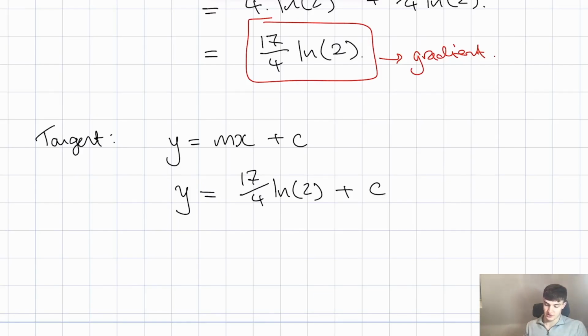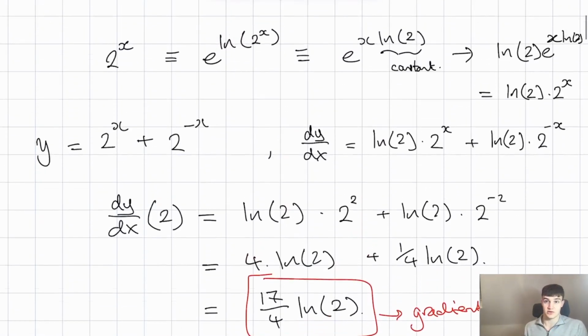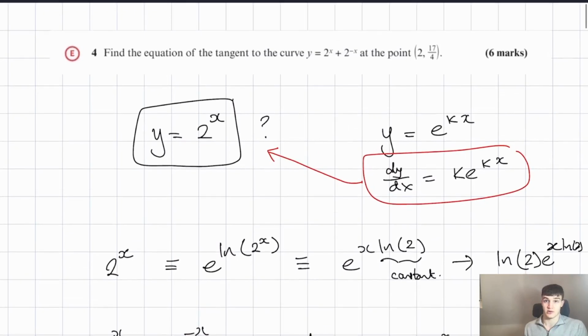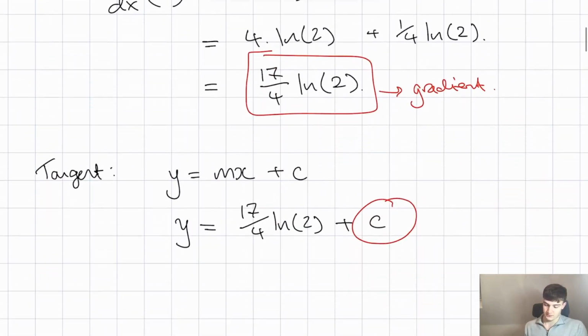This is our tangent line. What remains is we need to work out what c is. That's easy to do because we know that the other point on the curve is 17 over 4.